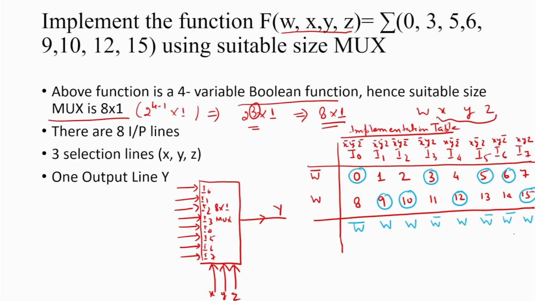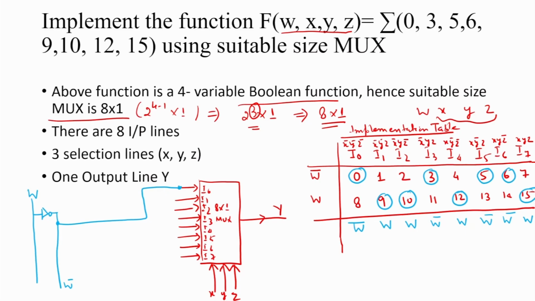Then we implement the circuit, implementing the Boolean function. Here this is taken as W, then we apply a NOT gate here, and this is W complement. So for input I0, what do we have to supply? W complement. W complement is taken from here and supplied to I0.